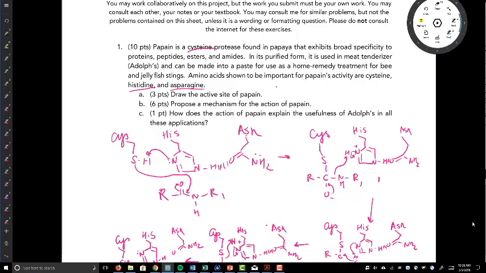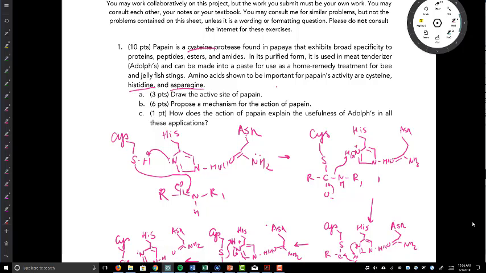Now, once you draw out the active site of papain, where you have the cysteine, the histidine, and the asparagine all lined up, the correct approach would have had cysteine act in the place of the serine, and the mechanism would proceed exactly like with the serine protease, except cysteine would be doing the nucleophilic attacking instead of serine.